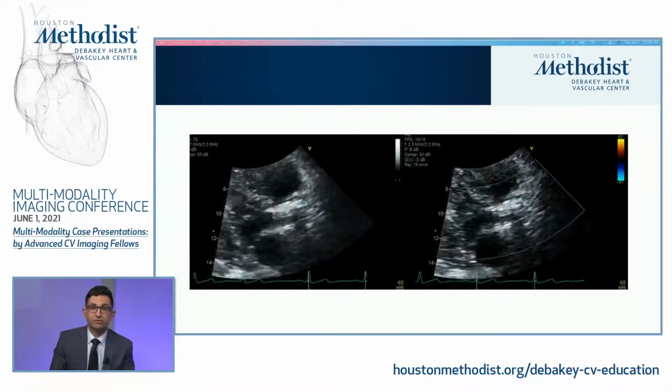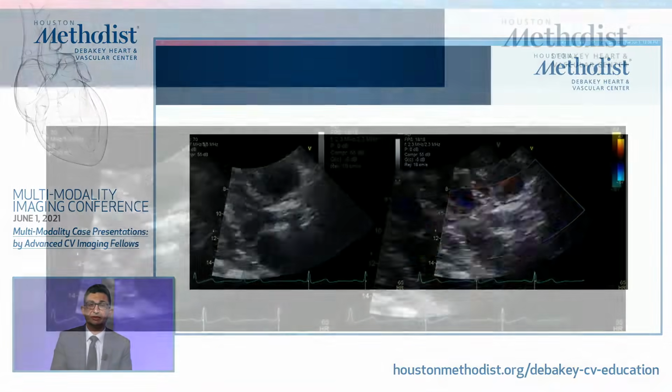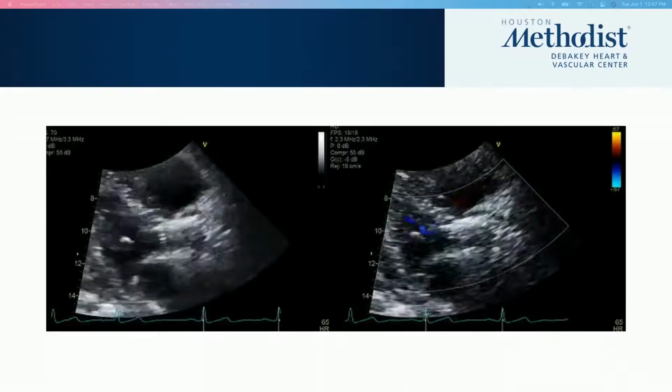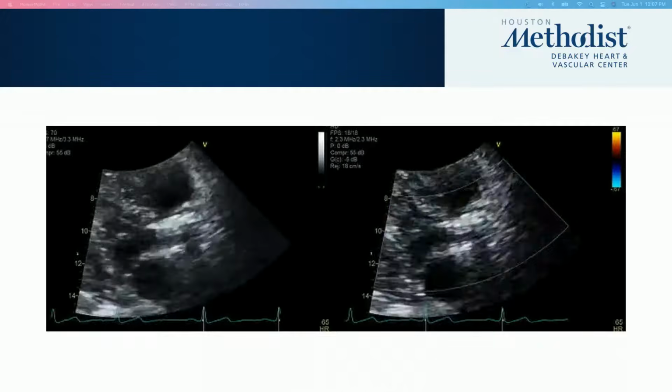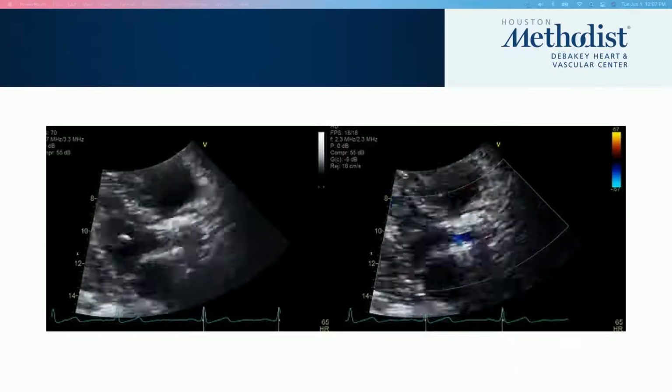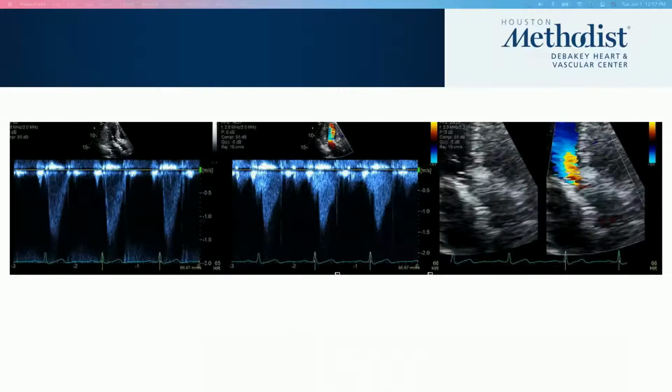This is his echocardiogram with this admission with the first presentation of CVA, and it showed a normal functioning valve, no evidence of perivalvular regurgitation, preserved LV and RV systolic function.